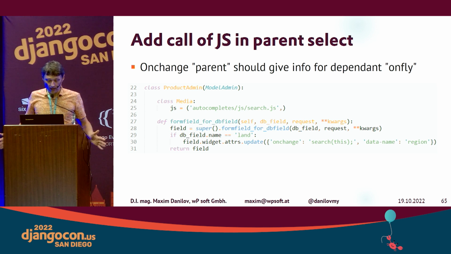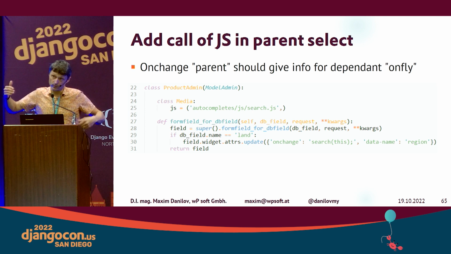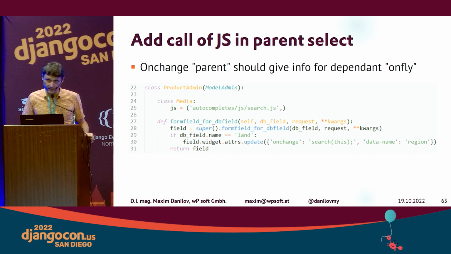Okay. Also, we should give information to our select about how they are bound, and on change from the parent select, we should send information to the child select. In this case, land is the parent select, child is the region select, and on change, I start function search.